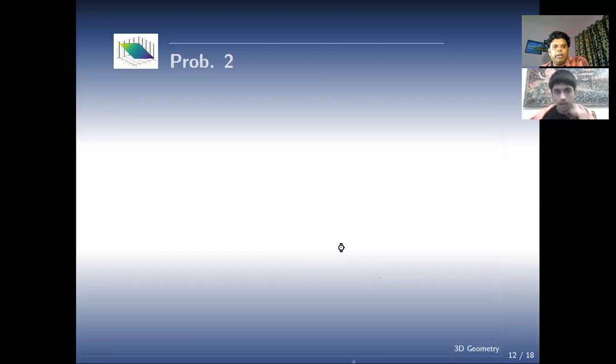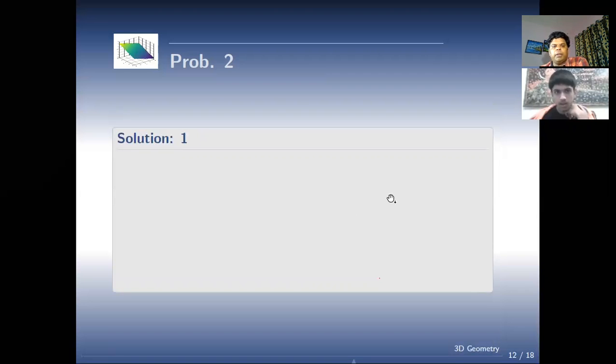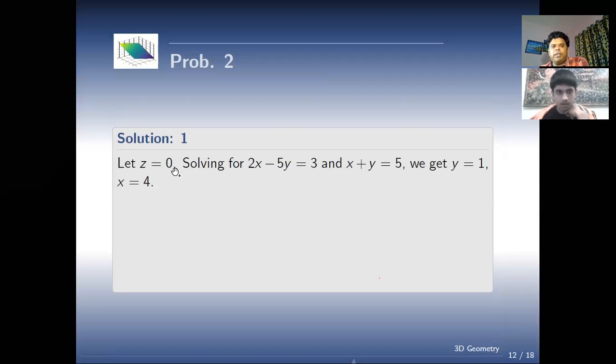Here is the solution. First, I'm going to let z equal 0. On the first plane, 2x minus 5y plus z equals 3, z goes away, so 2x minus 5y equals 3.